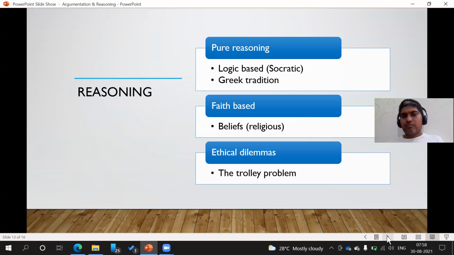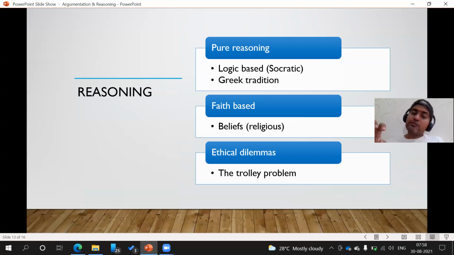In terms of reasoning, it can be based on logic, which is an ideal kind of reasoning, in the Greek Socratic tradition. Yet you can have faith-based reasoning, where, in terms of belief, in Hinduism, people who believe in Manusmriti will say Manusmriti has said this, or in terms of Islam, the Quran has said this.